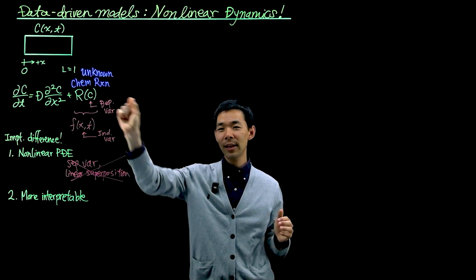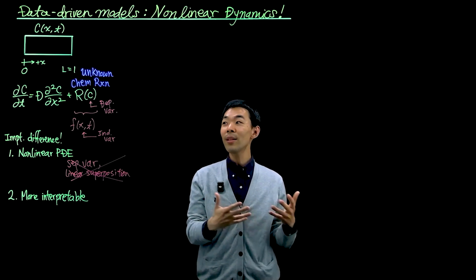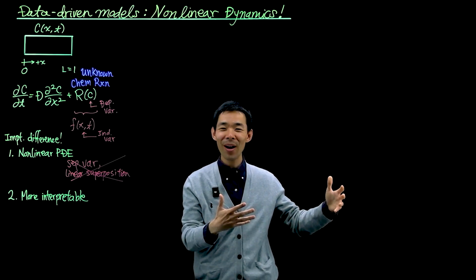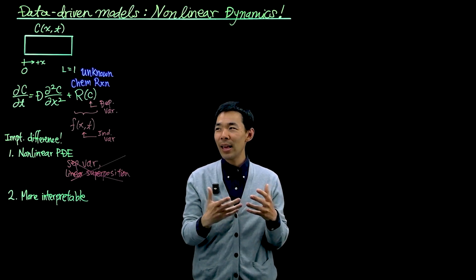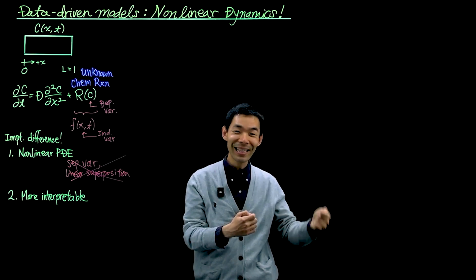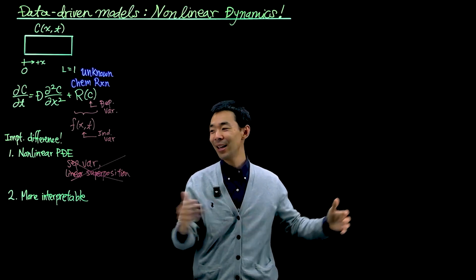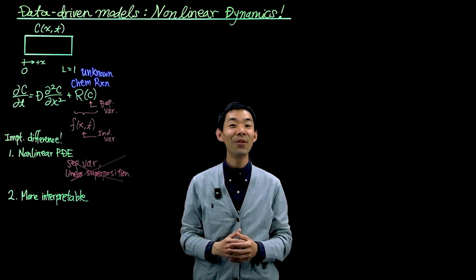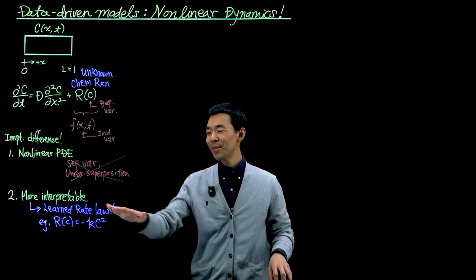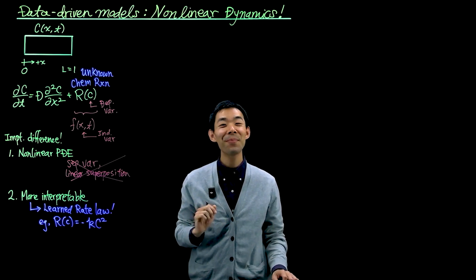But in this particular case, we want to actually interpret what the rate law looks like. You want to know how your reactants are being converted over to products. So you ideally want a function of your concentration that gives you more interpretability about your mechanism. You get the mechanism of your reaction pathway if you have a function of your concentration C. It allows you to learn a rate law based purely on your concentration measurements.